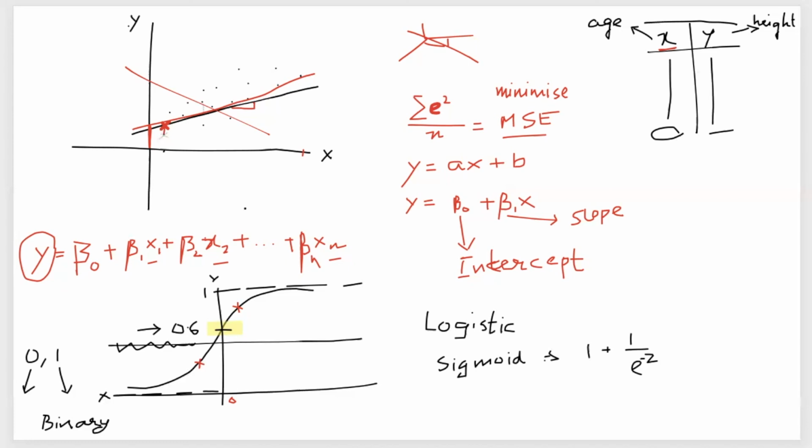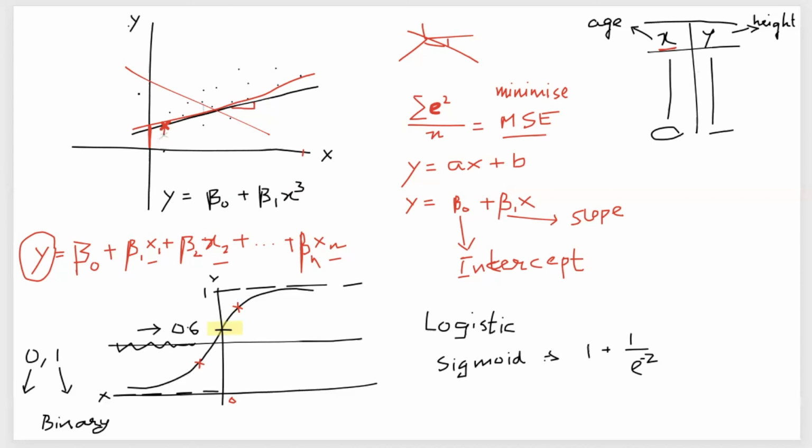Supposing I say that I am ready for a polynomial equation. I can say that supposing I want my equation to be y is equal to beta 0 plus beta 1 x to the power 3. Supposing I am agreeable to that, then I will not get a straight line.